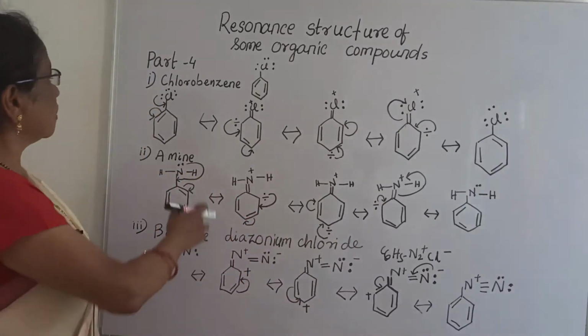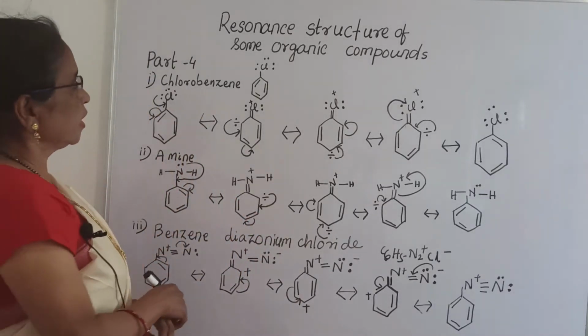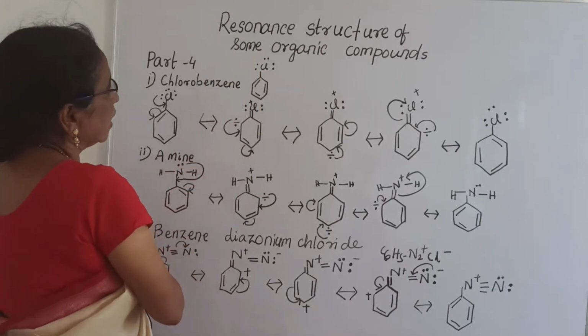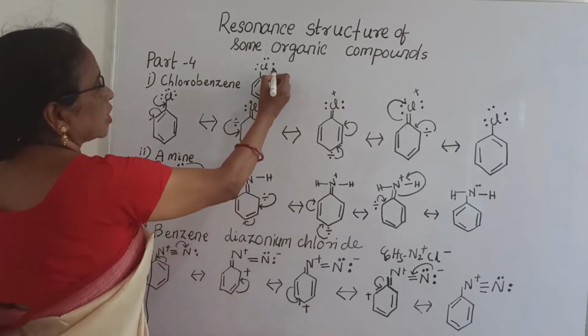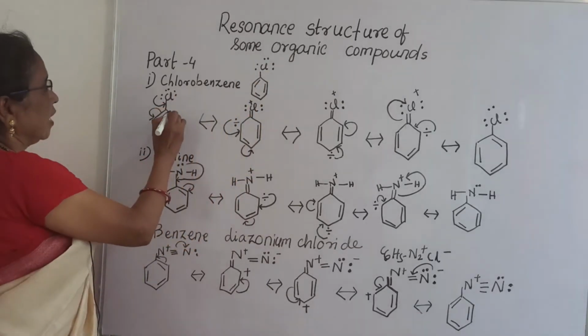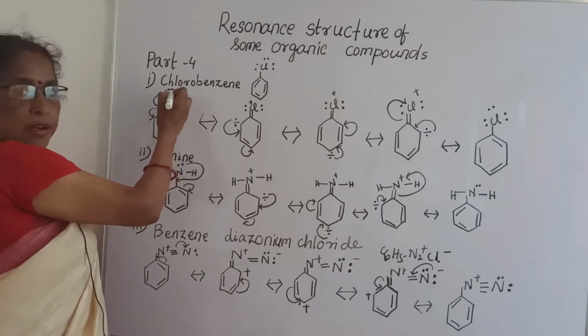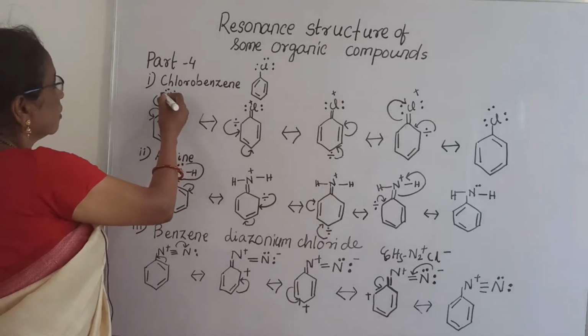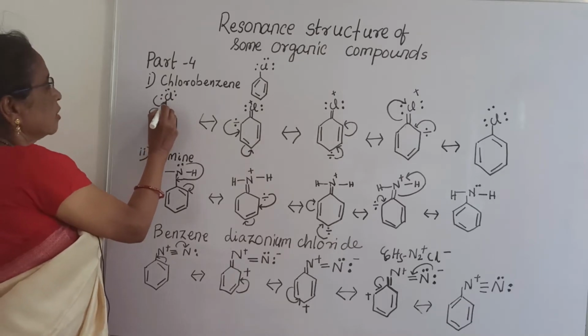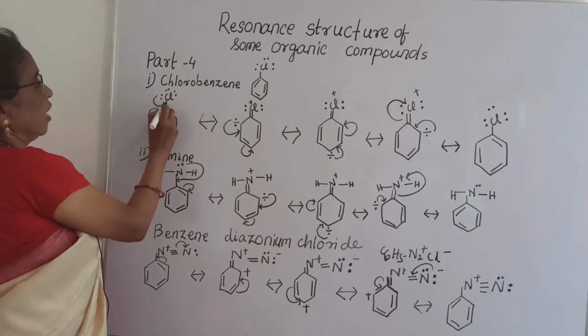Let us start with chlorobenzene. In chlorobenzene, you can see chlorine is attached to the benzene ring, and here how many pairs of electrons? That is 3 pairs of electrons. Out of the 3 pairs of electrons, one pair is delocalized to the adjacent sigma covalent bond.